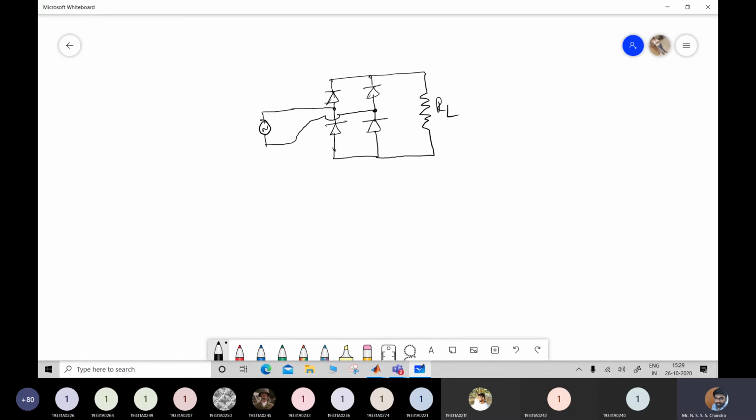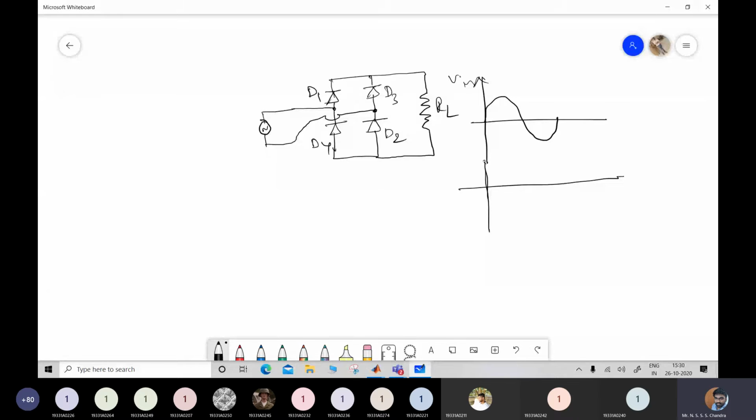Now I'll be naming these diodes as diode D1, D2, D3, D4. Opposite diodes I'm writing consecutively, because if you consider the positive half cycle, let us consider this input signal Vin. For the positive half cycle, what happens?